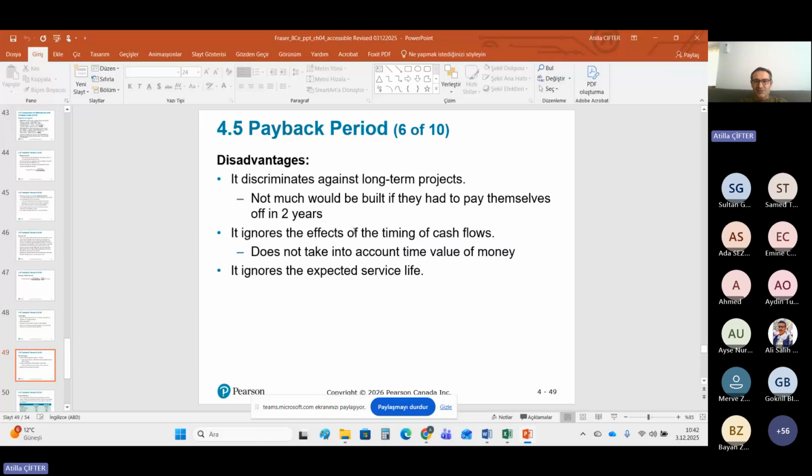So first, it discriminates against long-term projects. Sometimes long-term projects are better, but here you eliminate them. It ignores the effect of timing of cash flows. This is another problem, because we need to bring the money to today and then compare, so it even ignores the different payments.